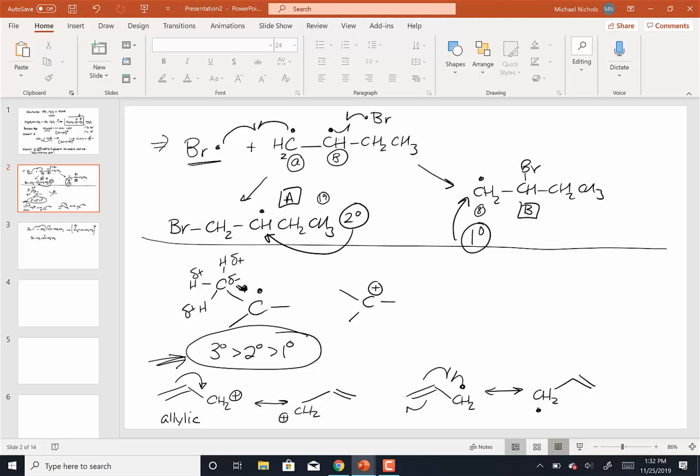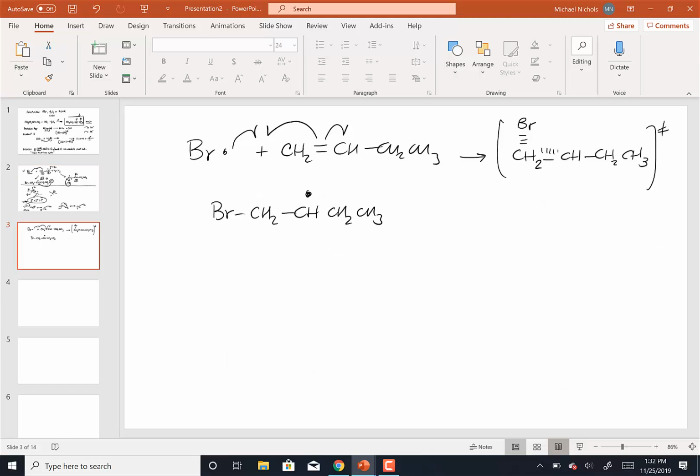This is one case where it adds. And that's how it adds. Okay. So that's the second step. So what I've just written is the most stable radical of the reaction.